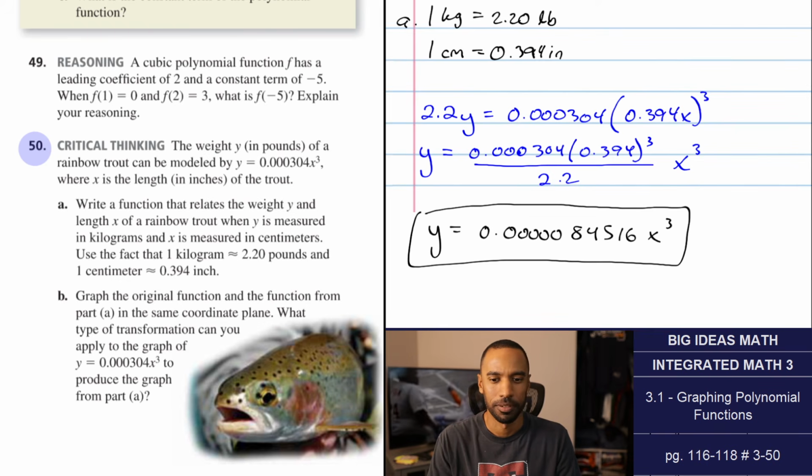We're going to have 0.000304 x cubed as the first one. And the other one, a little rounded, is 0.0000084516 x cubed.